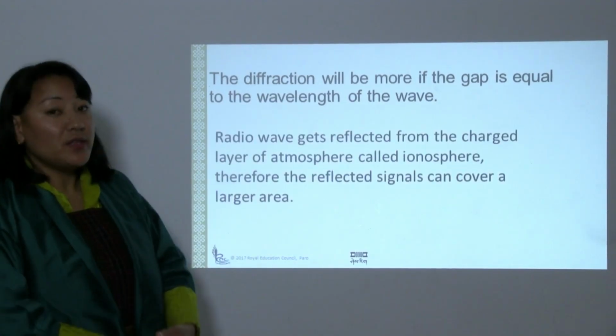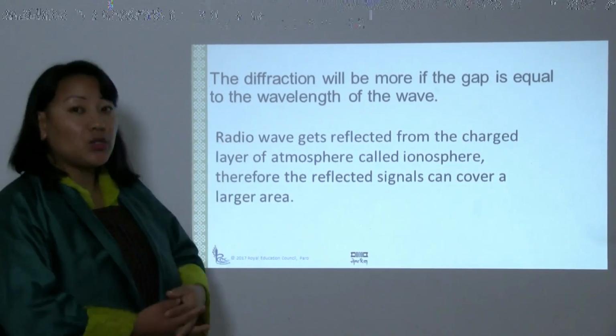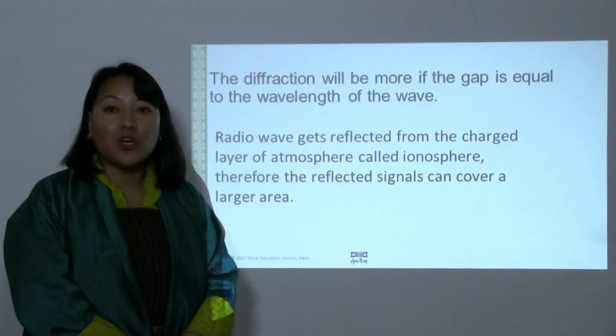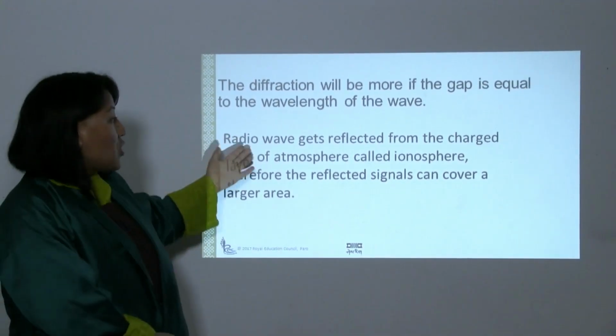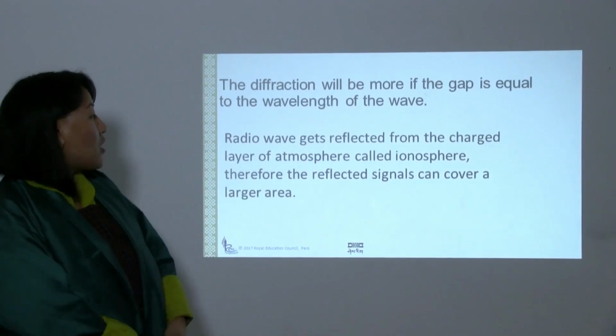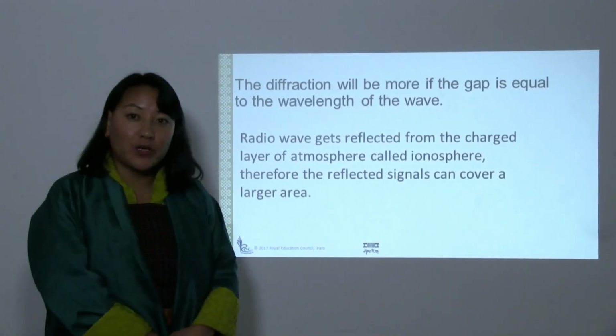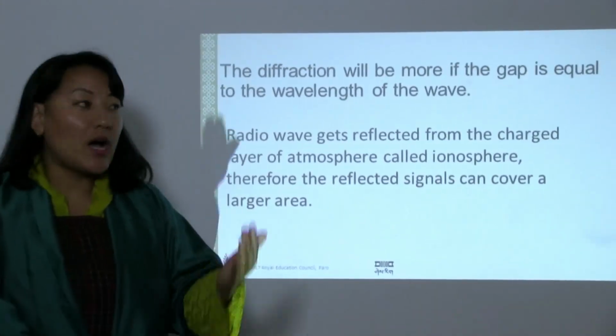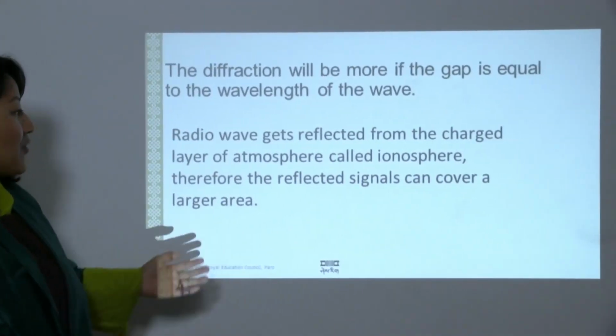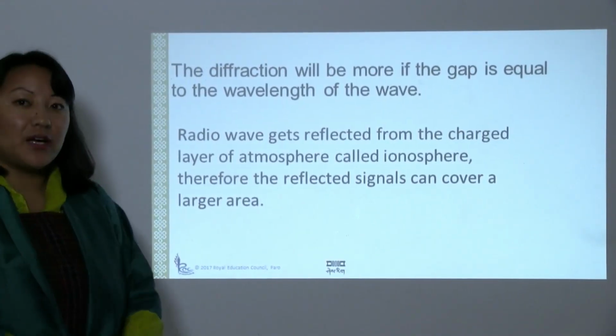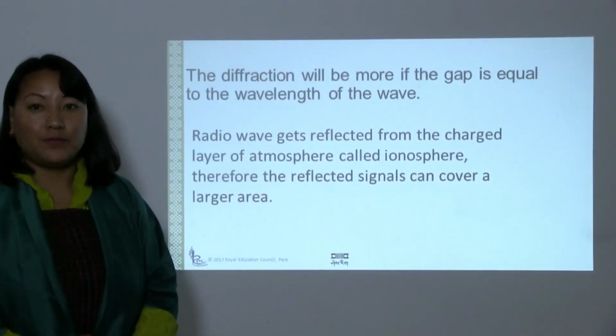The other reason why radio wave is used for a communication over long distance is that radio wave gets reflected from the charged layer of atmosphere, which is known as the ionosphere. Therefore, the reflected signals can cover a larger area.